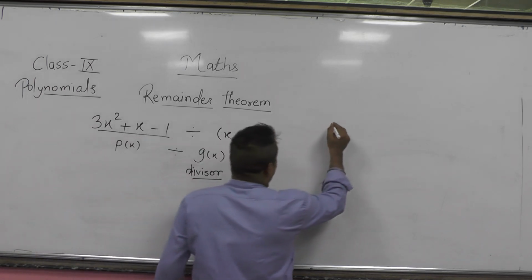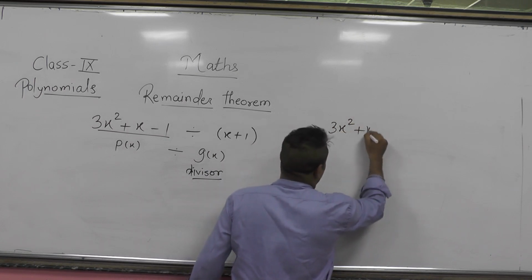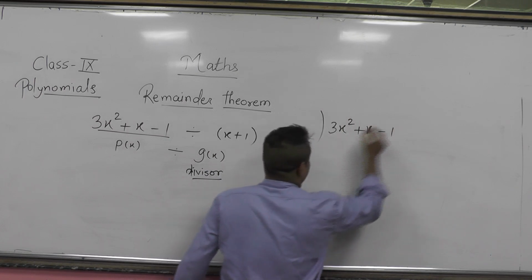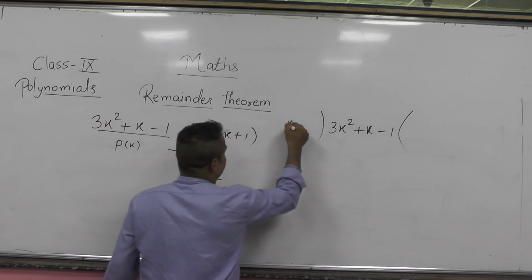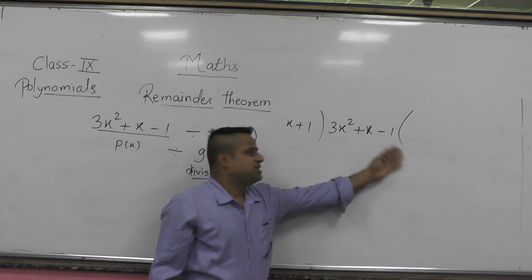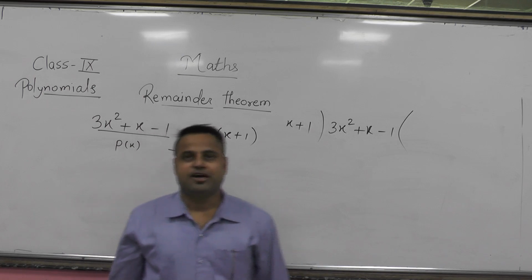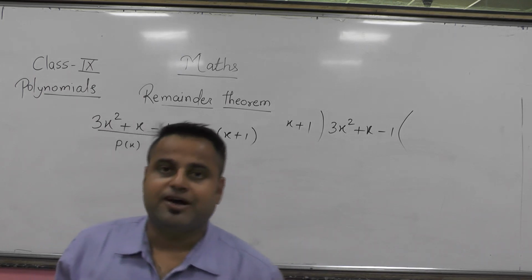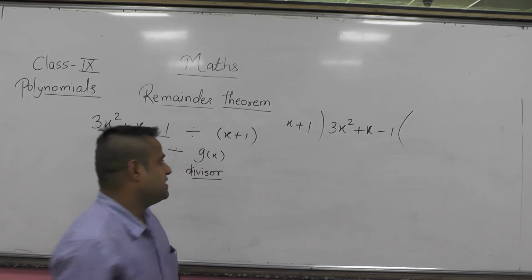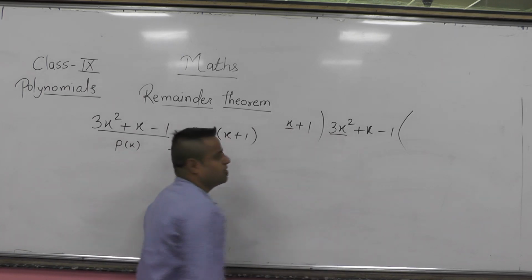Just see and check. You all know division, how we divide numbers. Likewise, we can divide polynomials as well. Suppose 3x square plus x minus 1 is our dividend and x plus 1 is our divisor. Now, how to divide them? Just see. We compare the first terms of these two polynomials.